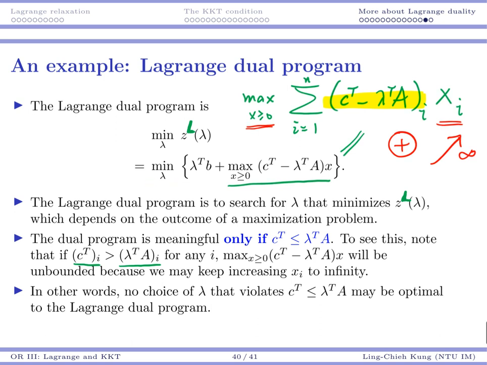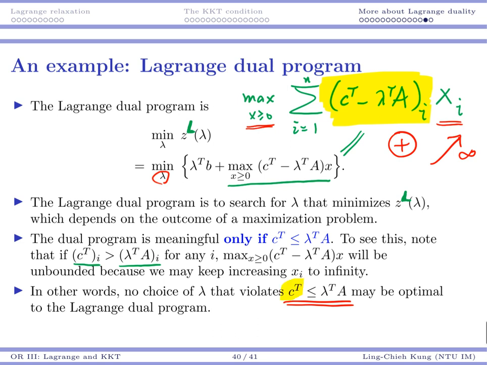The choice of lambda must be smart such that this particular inequality is true. You need to choose your lambda such that all the elements here are not positive. It must be 0 or negative.